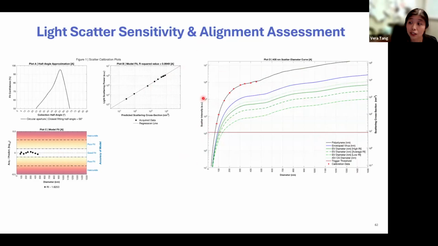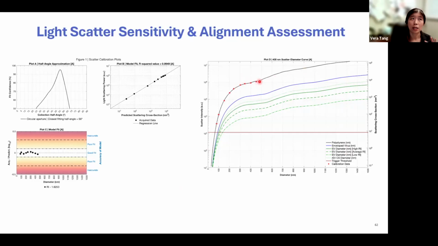The Y-axis is scattering intensity in arbitrary units, so this is just whatever MFI you're getting off of side scatter, and then the anticipated diameter of the beads that you're using. The blue line is actually enveloped virus.